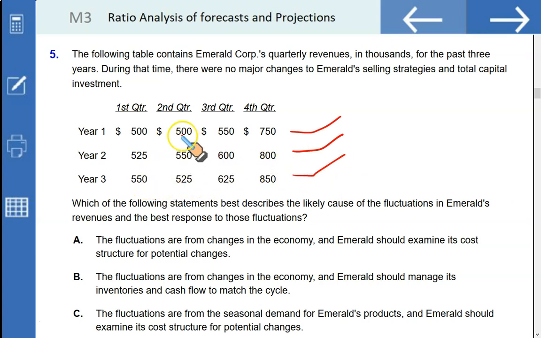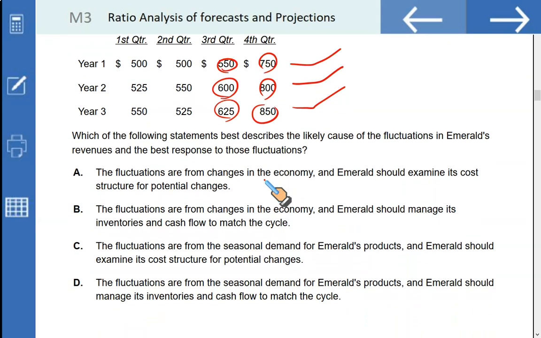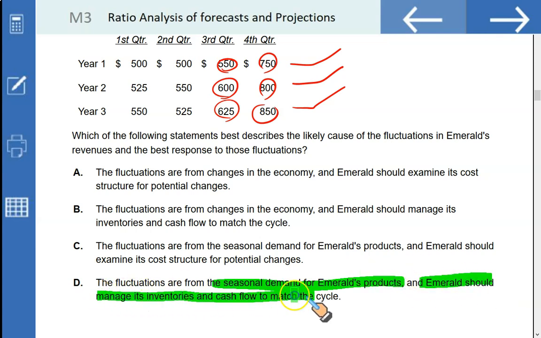See, there is always an increase in quarter 3 and quarter 4 from the previous numbers in each year. So more or less, this is because of seasonality. The fluctuation is caused by seasonal demand for Emerald's products, and Emerald should manage its inventories and cash flows to match the cycle. Seasonality, the numbers changing because of different seasons and different quarters, that makes D the correct option.